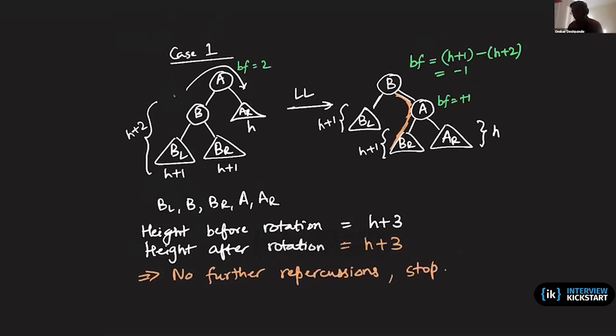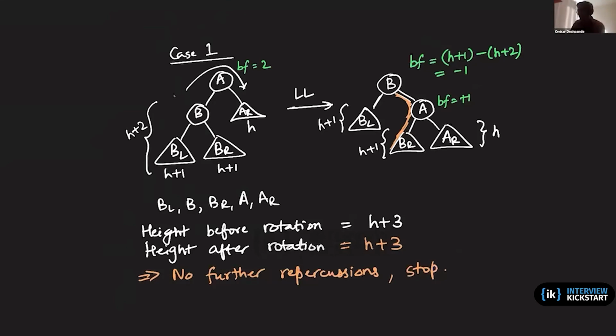Case 1, LL rotation. So we have to go up all the way until the root. The height has to be h plus 1 then. That's the max. Is that true? Obviously the maximum you can go is up to the root.